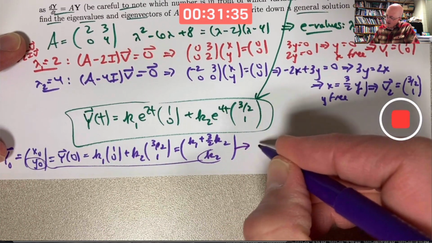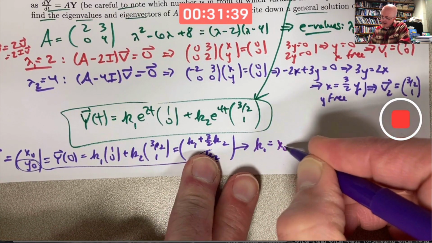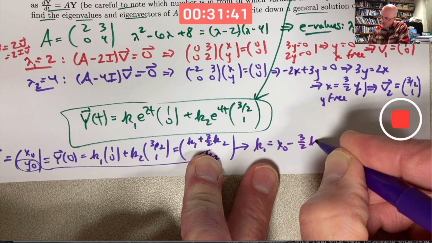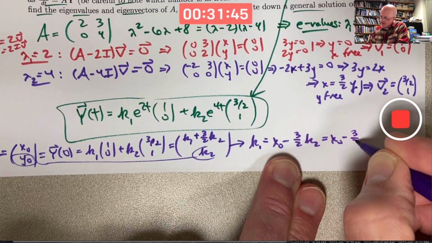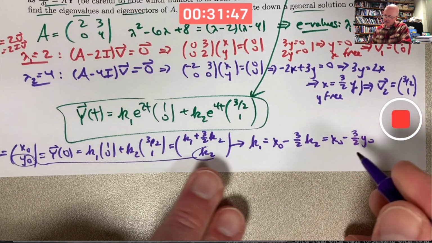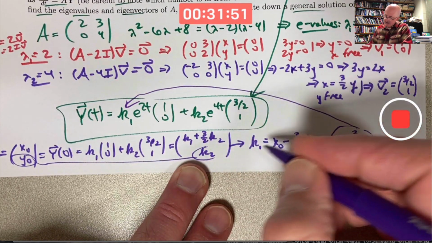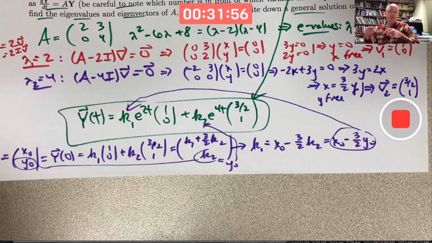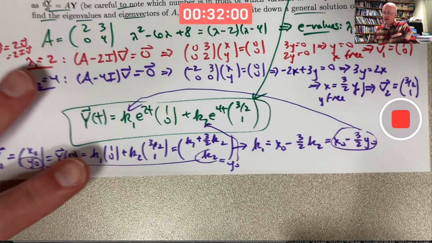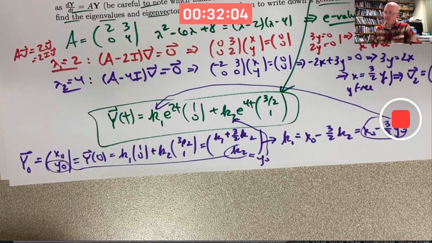And then k1 will be x0 minus 3/2 k2, which is x0 minus 3/2 y0. And then I could plug those things in for k1 and k2 here. If I think of x0 and y0 as fixed, then I'd have a unique solution of an arbitrary or generic initial value problem, and that can be a useful thing.